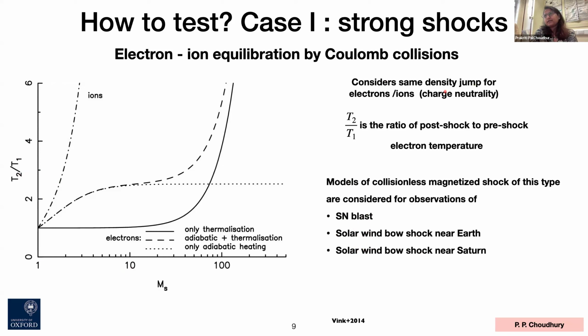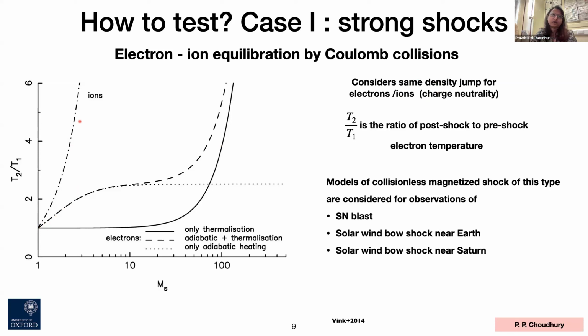In this particular model, the only consideration taken into account is that it is a two-fluid model, and the electron and ion have the same density jump, or there is charge neutrality.